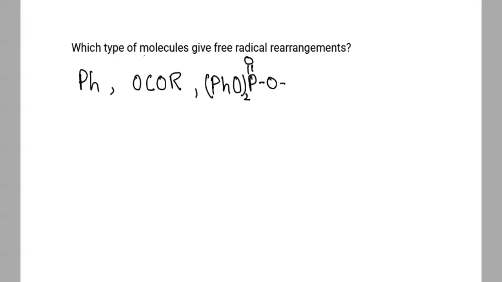Those molecules have the ability to give a rearranged product which contain bulky groups at migration origin, for example, phenyl, carboxylic functional group or phosphatoxy. And if an alkyl group is present at migration origin, then no rearranged product is observed.